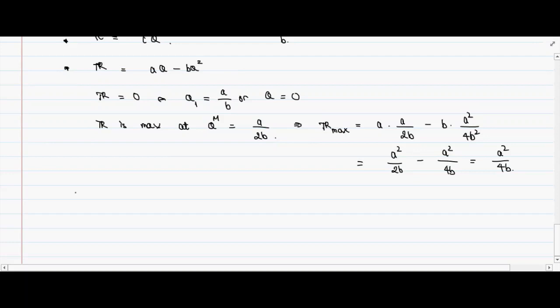Alright, so now the second graph is going to show the average and the marginal revenue and the average and marginal costs.